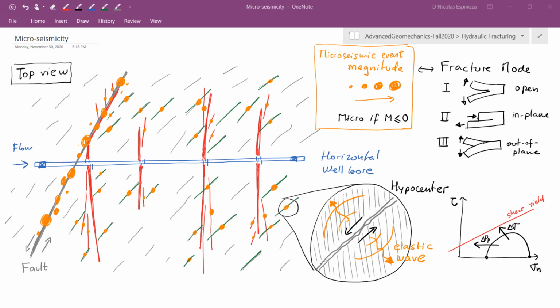This is a continuation on the discussion of microseismicity induced by multistage hydraulic fracturing. Here I have updated my schematics in order to include fracture swarms that are likely caused by the segmentation of fractures in mixed mode propagation.